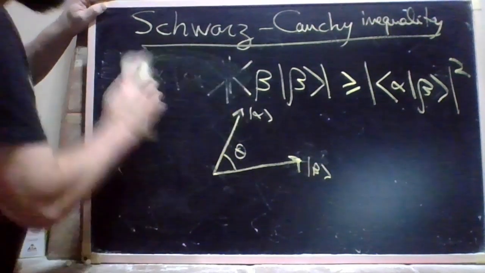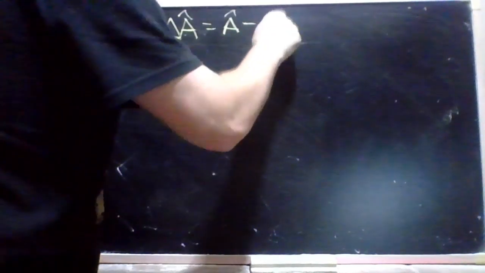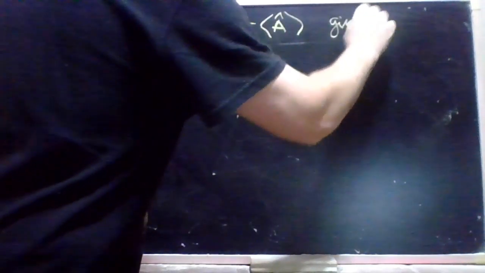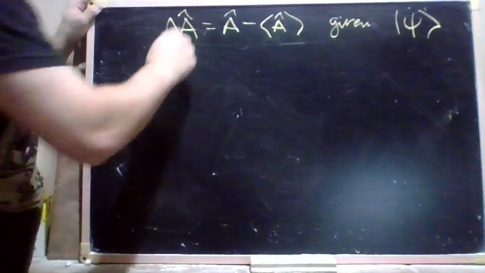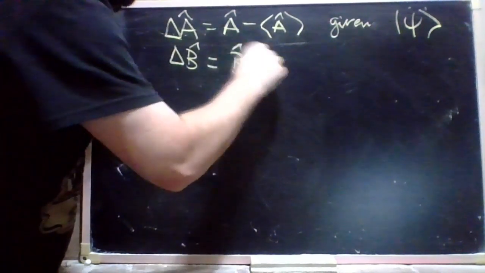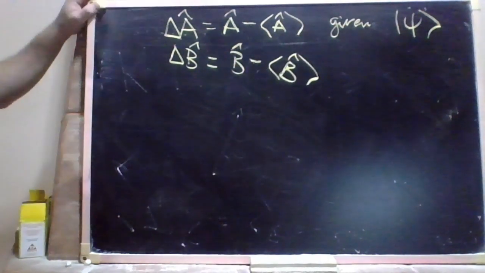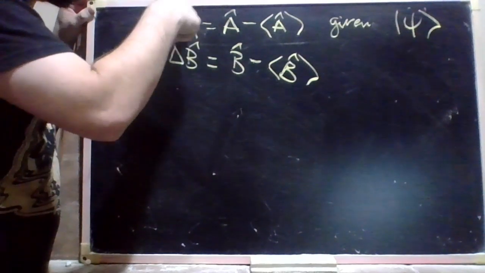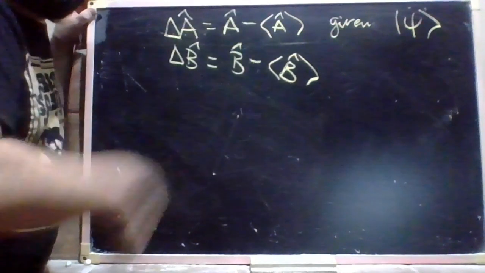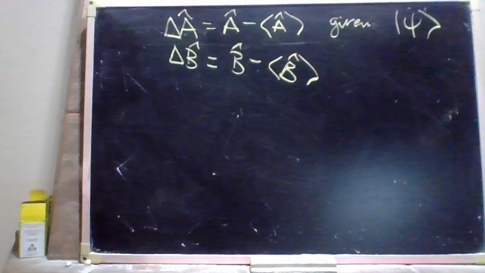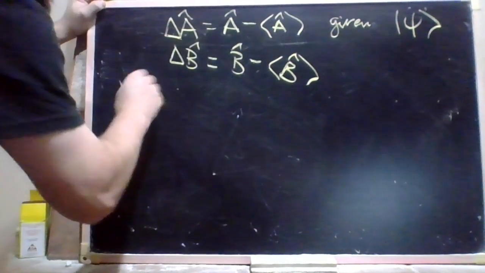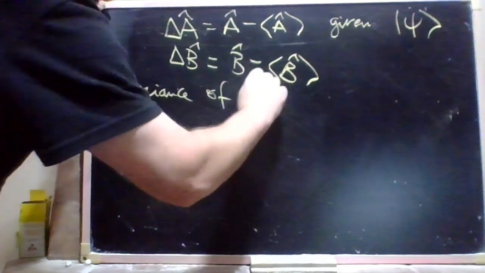So I can consider this thing here. Suppose delta of A, the operator, is A minus the average of A, given psi. The physical state is arbitrary. You can choose whatever you want. And delta of B is B minus the average of B. When you square this operator and you take the average, this corresponds exactly to the variance of that operator, suppose the variance of A. You calculate that way.